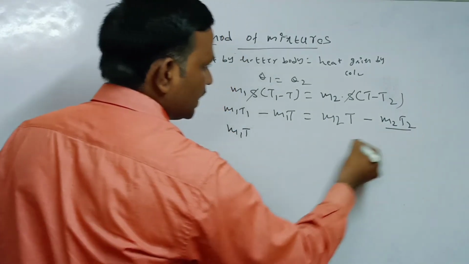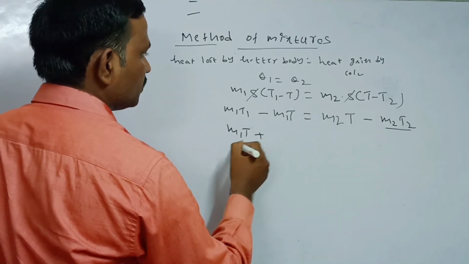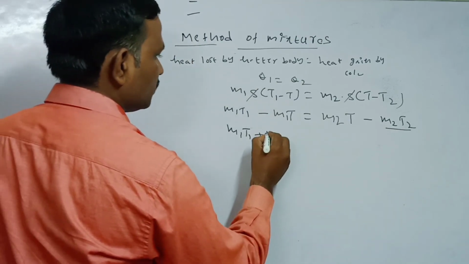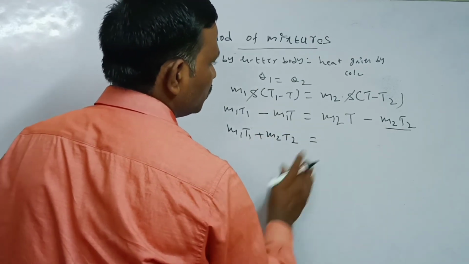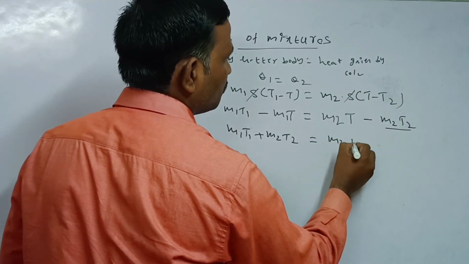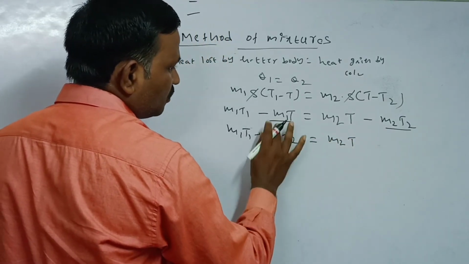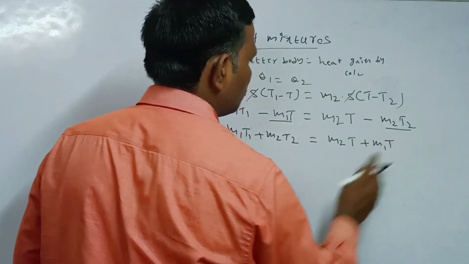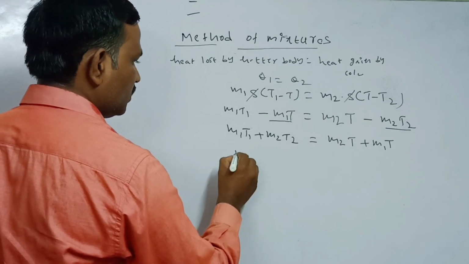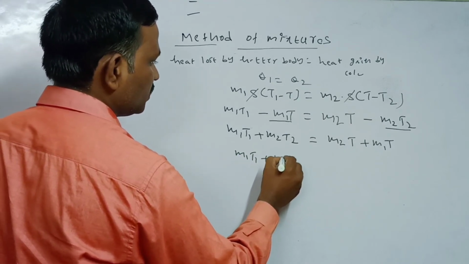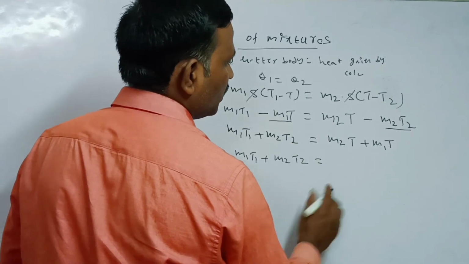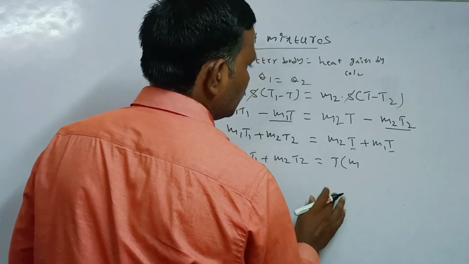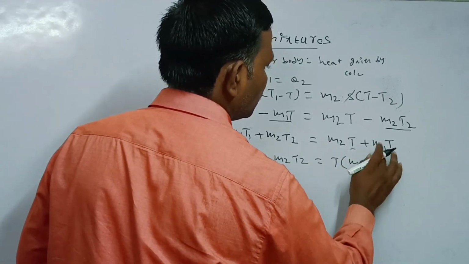If you bring it to this side, it becomes plus M2 T2, is equal to, here already this value is there, M2 capital T. If you send this term to that side, here also it becomes plus M1 capital T. No change in this one, write as it is: M1 T1 plus M2 T2 is equal to, here capital T is common, take capital T as common, then M2 remains and M1 remains.